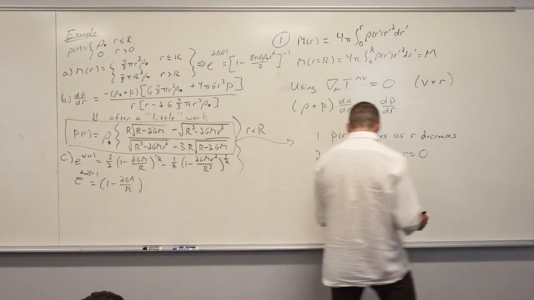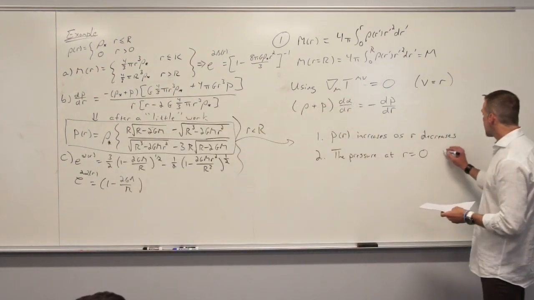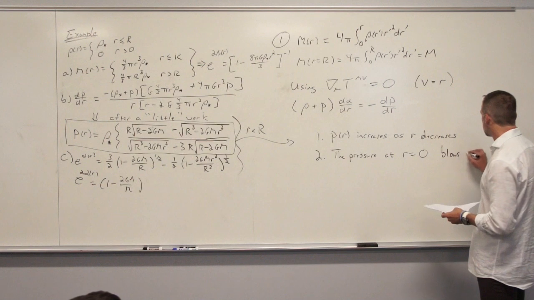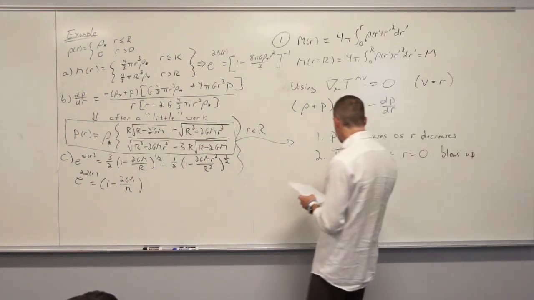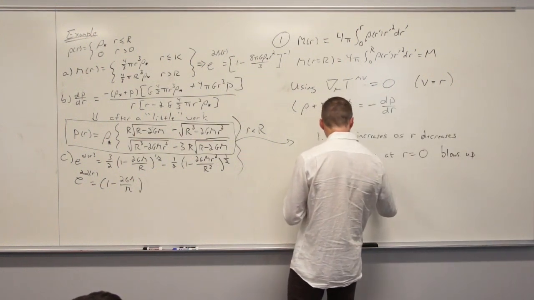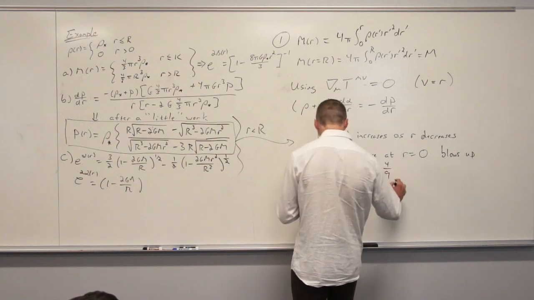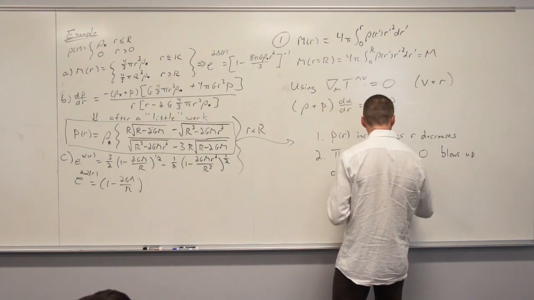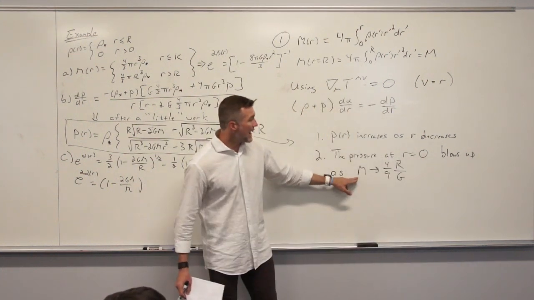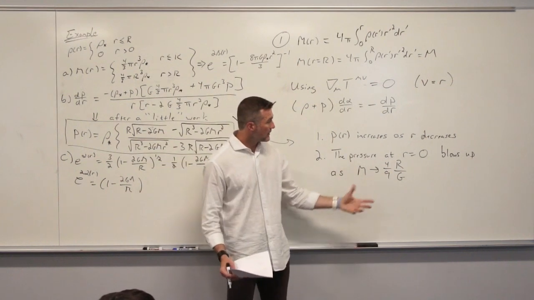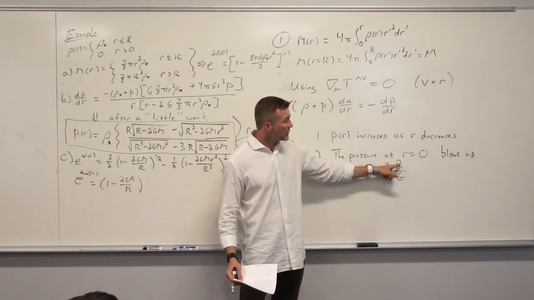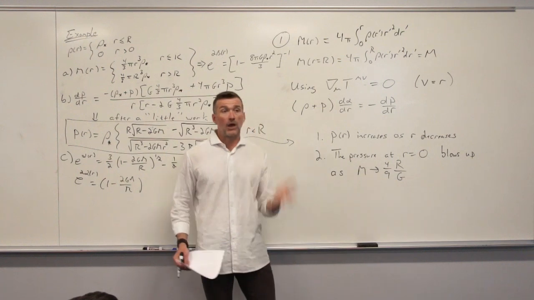And what you can show is that this blows up as the mass goes to 4/9 R over G. That is, the mass of the whole thing goes to this value, where R is the radius of the whole thing, from below.